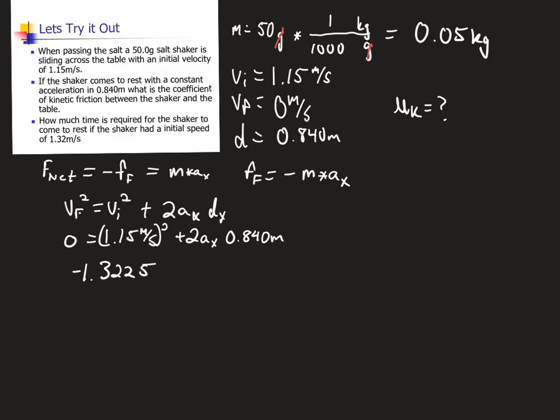I pull in a full calculator readout, is equal to 2 times a sub x times 8.4. I should put in the 0 there. Meters. When you multiply by 2 is up to you, but ultimately we're doing this in either one step or two steps to get there.